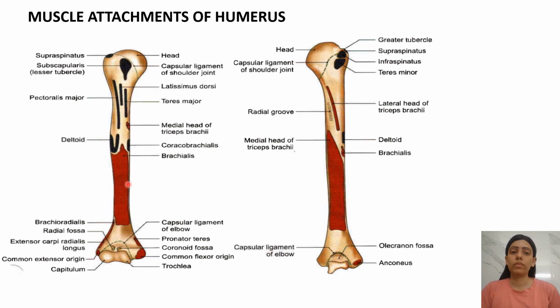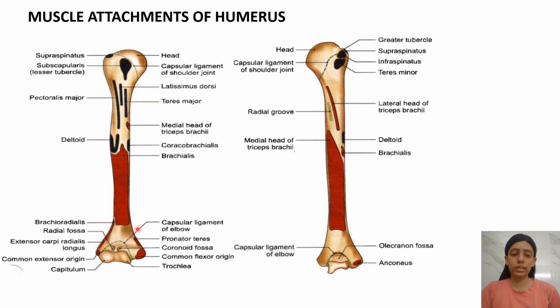First, brachialis, which arises from lower half of anteromedial and anterolateral surface of the shaft. Then brachioradialis. It arises from upper two-thirds of lateral supracondylar ridge, and here is the extensor carpi radialis longus, which arises from lower one-third of lateral supracondylar ridge.